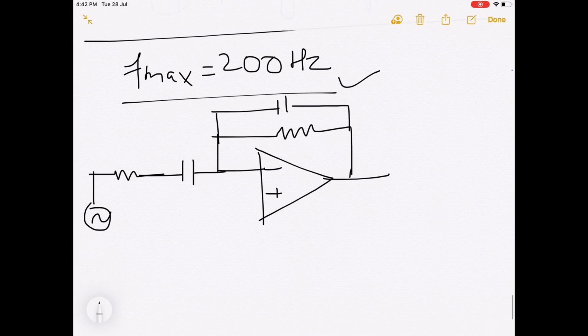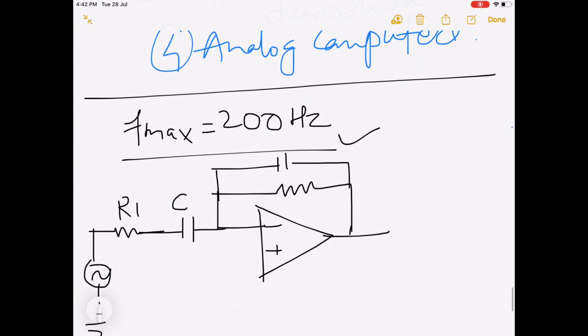You should remember this and practice these circuits. Then you will know which components are required: this is RCOM, this is R1 C1, then CF and RF.